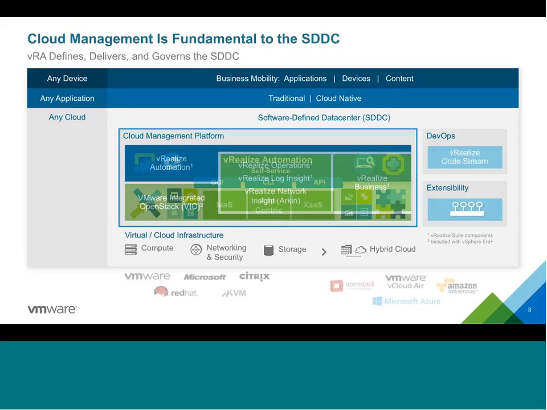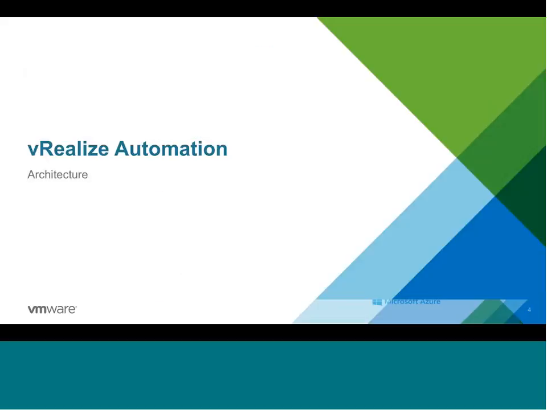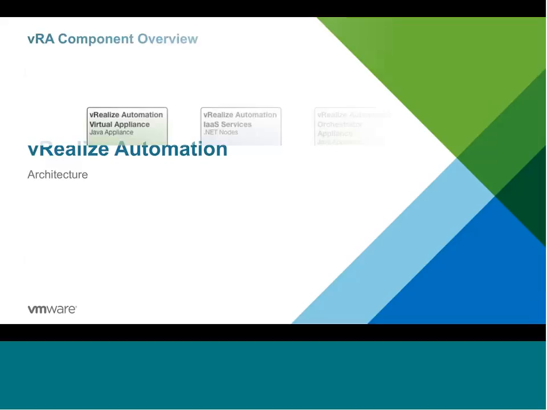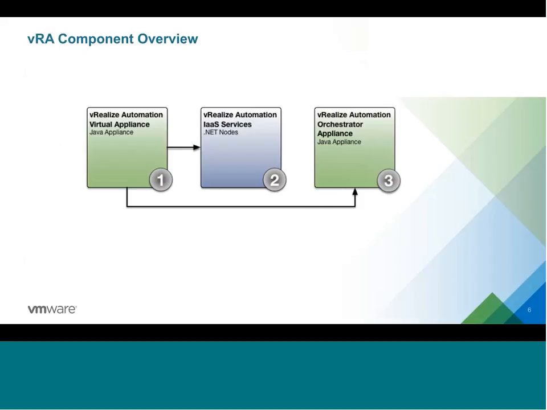So vRealize Automation, the architecture part, there are typically three different components. But before I go ahead, I'm assuming that most of you are pretty well versed with vRealize Automation as a product and its architecture, but I'm going to go deep into the different components and architecture. So as a whole, we have three major components of VRA.